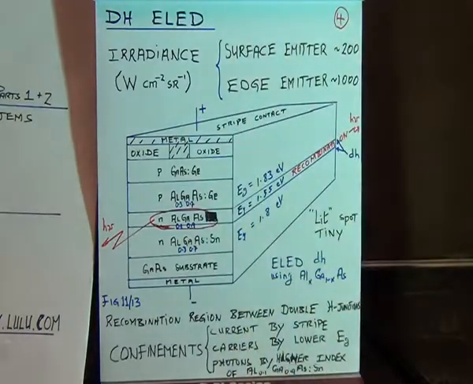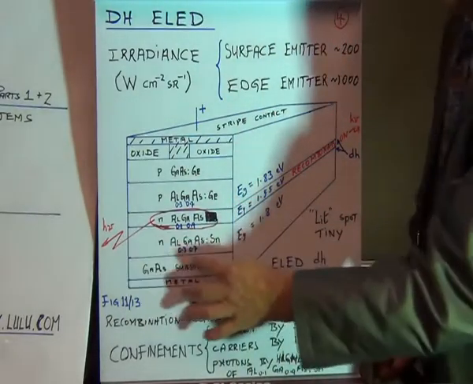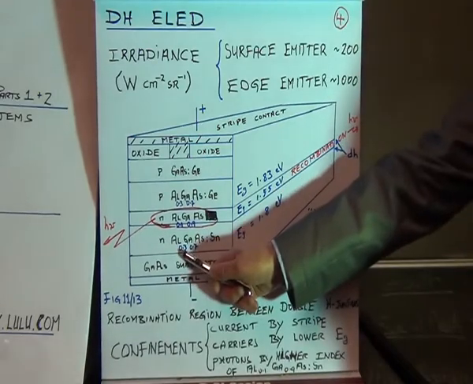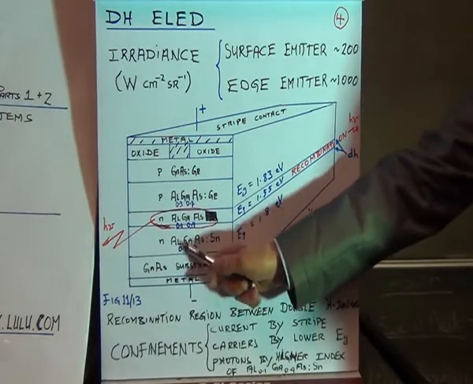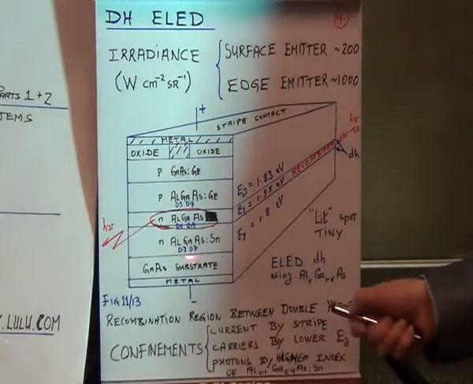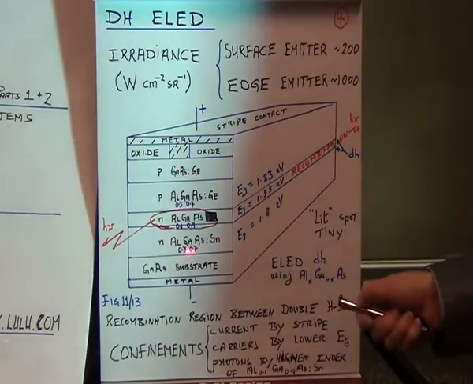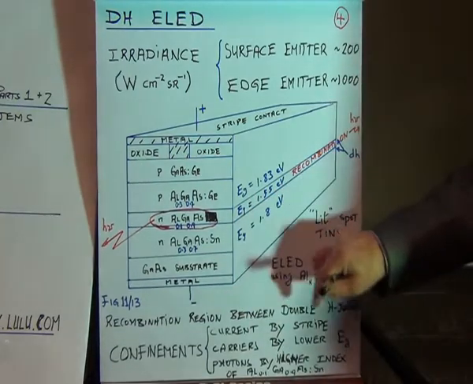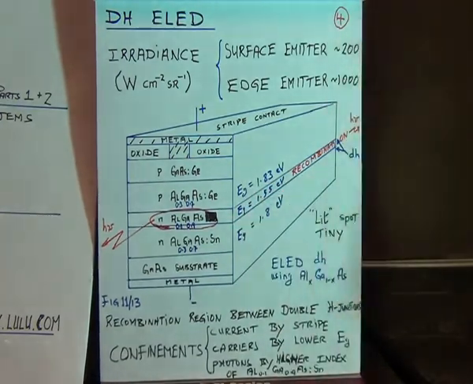Now the next thing is, because of the way we selected these alloy mixes, that's aluminium 0.3 mole fraction, gallium 0.7 mole fraction. The energy gap for that, according to your alloy map, is 1.8 electron volts.